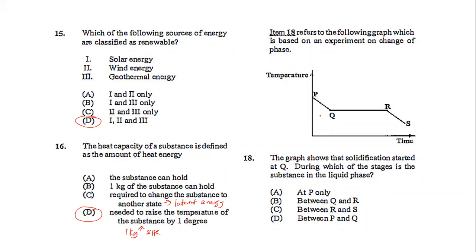So during which phase, or rather which stage, is the substance a liquid? Remember again that this substance is starting to become a solid at this point here. And this is a coolant, so it is cooling from something, and then it starts to become a solid.